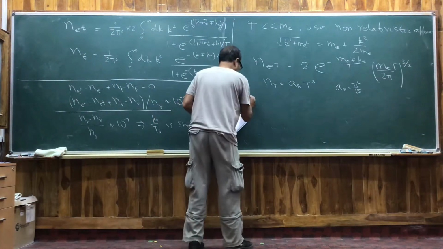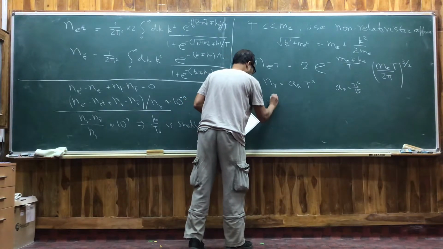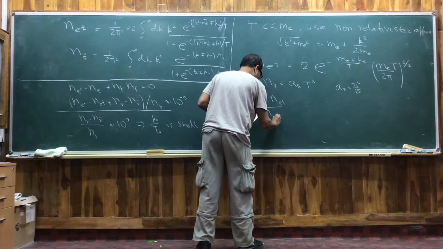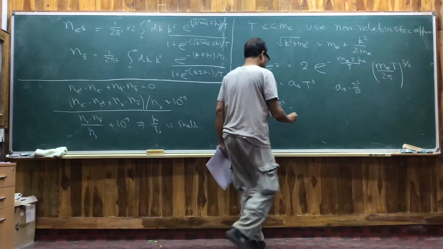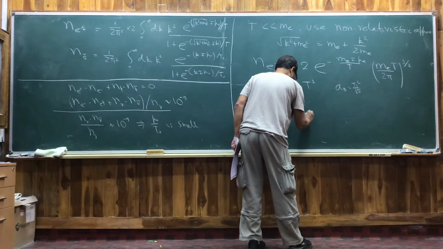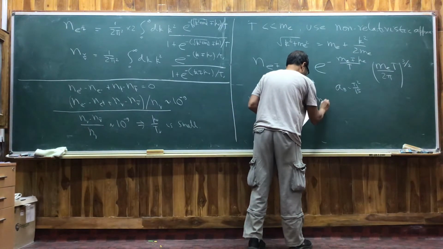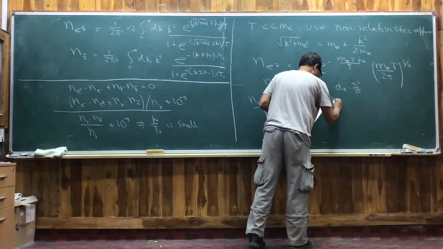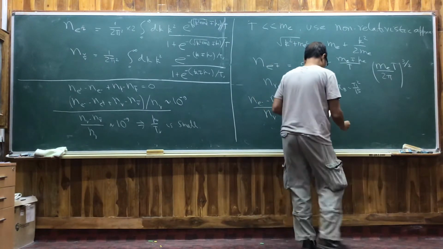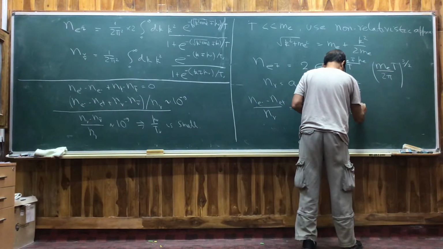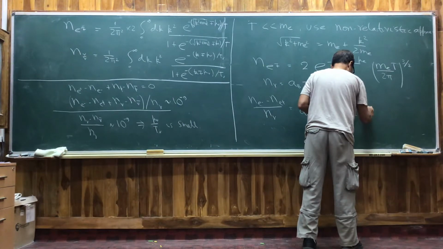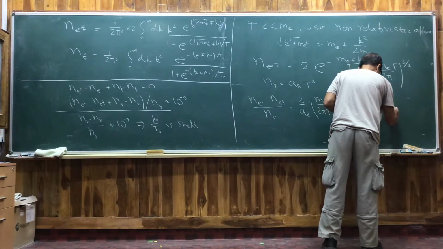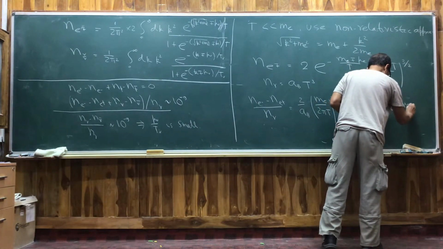So if you calculate (N_e minus minus N_e plus) over n_gamma, this gives you 2 over a_b times (m_e over 2 pi t) to the power 3/2 times e to the power minus m_e over t, and then we have basically I think 2 sinh of mu over t.